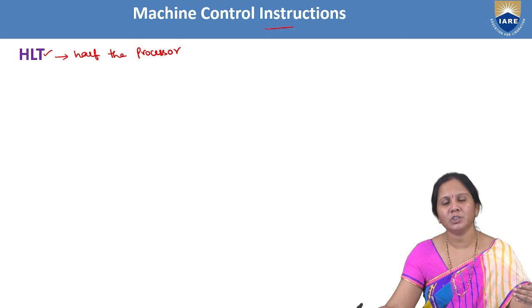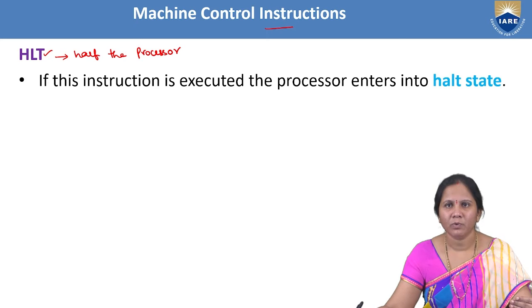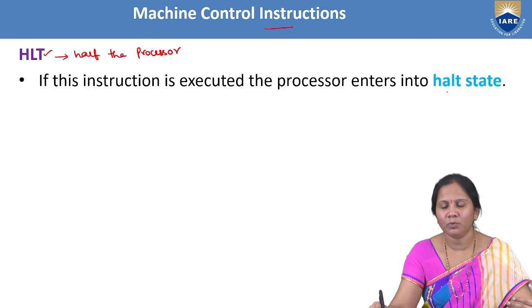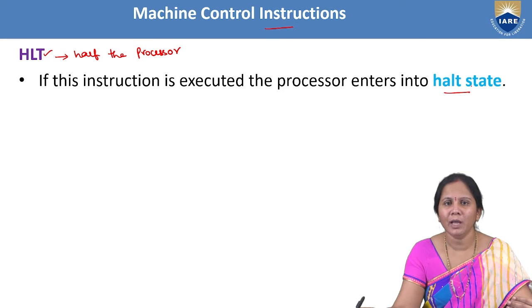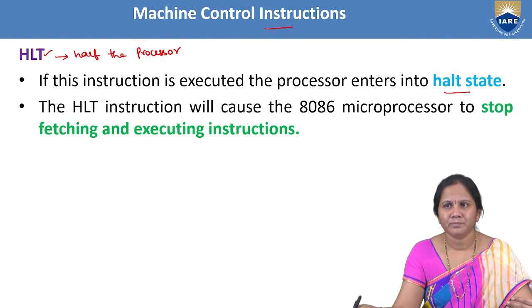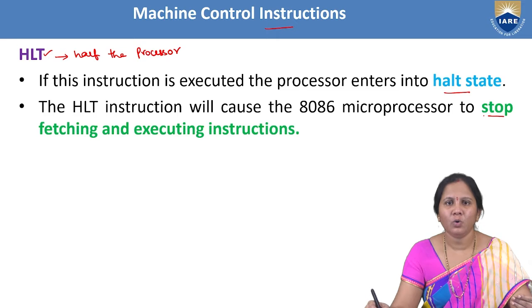When this halt instruction is executed, the processor will not do anything. That means the processor will stop fetching, decoding and executing operations. If this instruction is executed, the processor will enter into the halt state, which means it will stop fetching, decoding and executing all instructions.